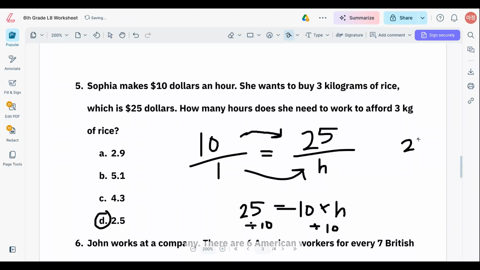But if you want to actually do the work, 10 goes in 2 times, and then 25 minus 20 is 5. Add a decimal place, bring down a 0, and it's 0.5. Yep, so 2.5 is the right answer.